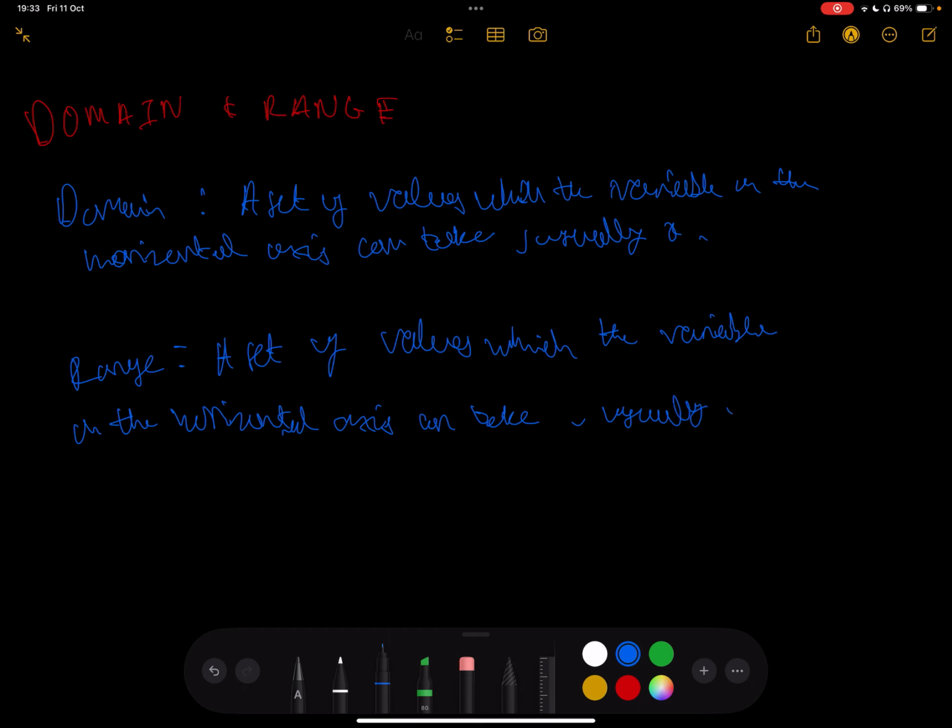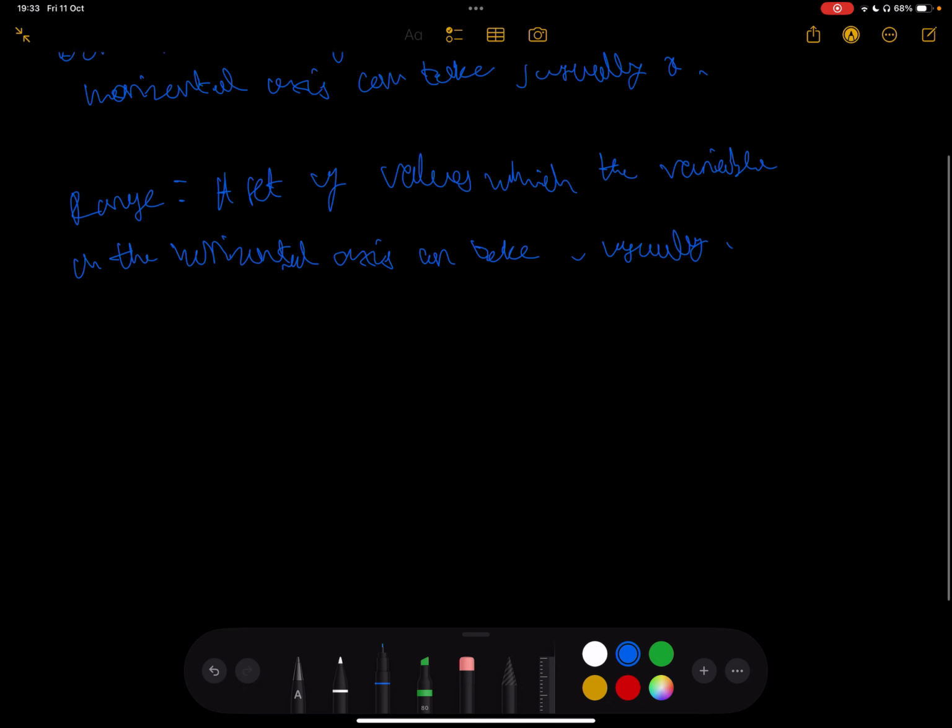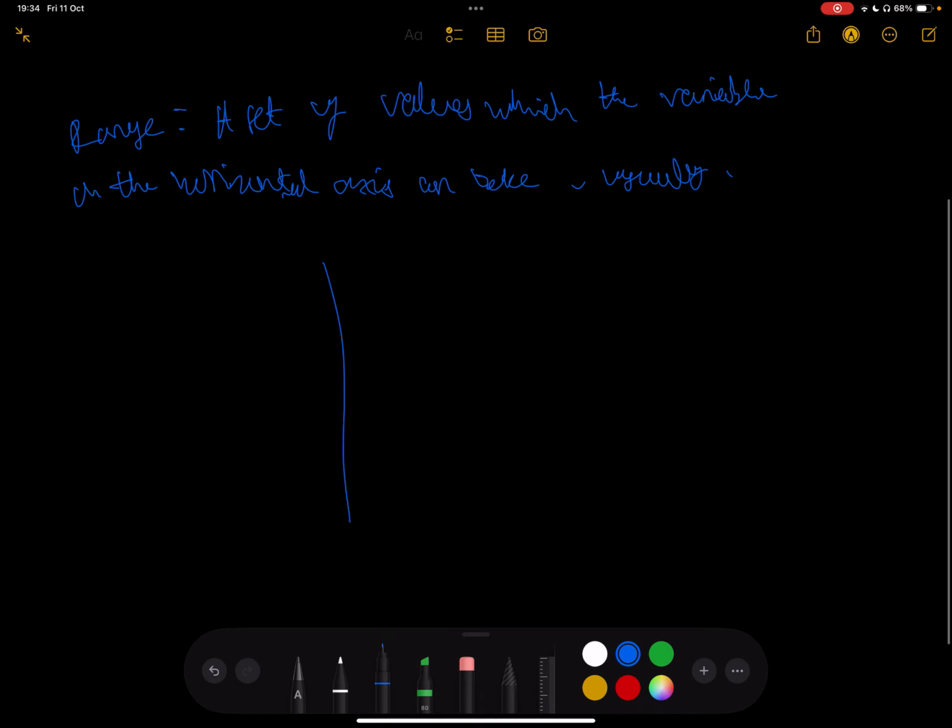I'll give you guys a few seconds to write this down and digest this before we move on. Feel free to also pause the video at any time. I know that if it is your first time, it will seem like a little bit much. So I can show you just a simple diagram to show what I actually mean by domain and range.